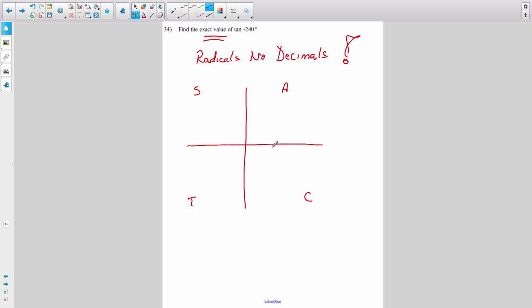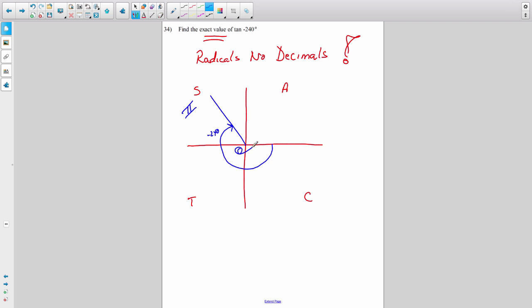So we start here and go down. Negative 90, negative 180. I'm about to hit negative 270. I'll stop short. Somewhere in here, quadrant number 2, is where negative 240 degrees lives.